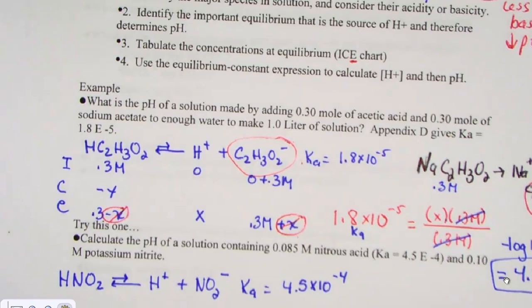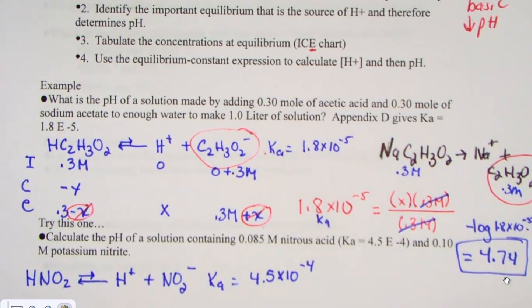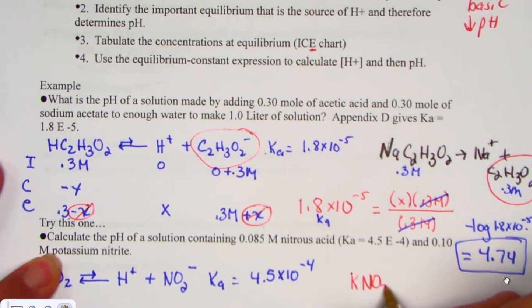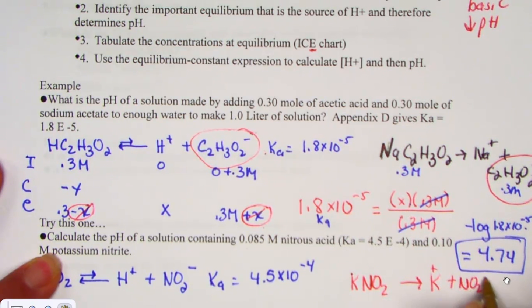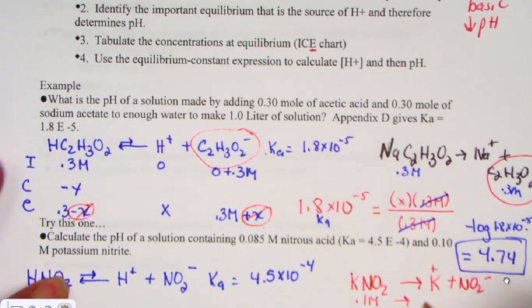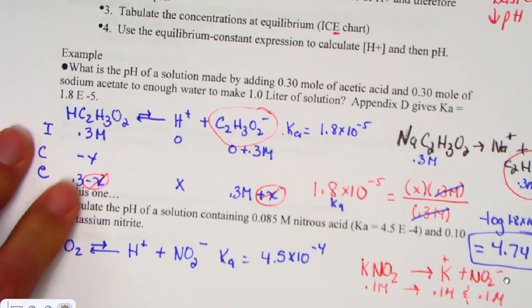Also in solution, in a separate scenario, we have its salt, potassium nitrite, KNO2. The very definition of a strong electrolyte says it 100% dissociates, so that if I had 0.1 molar potassium nitrite, it's going to form 0.1 molar of potassium and 0.1 molar of nitrite.